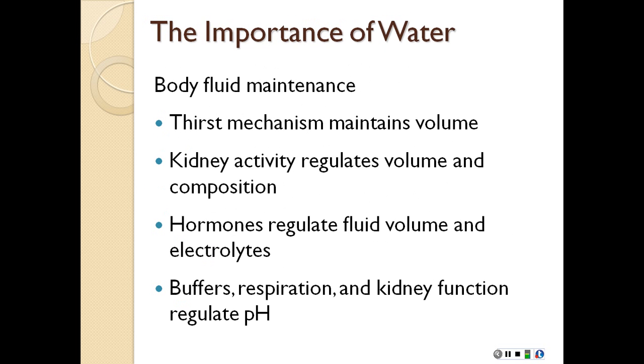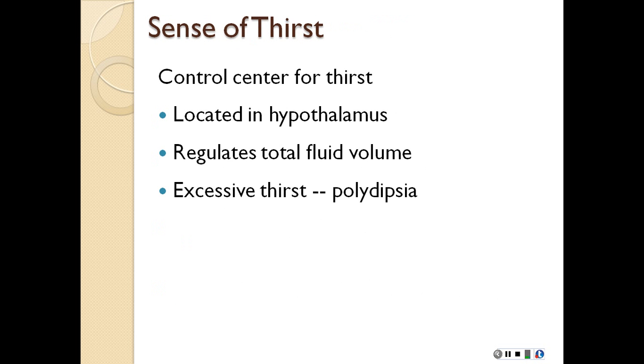Hormones regulate fluid volume and electrolytes. So we've talked about, again, how these systems help to maintain fluid balance. Sense of thirst: the control center for thirst is in the hypothalamus, which regulates total fluid volume, and excessive thirst is called polydipsia.